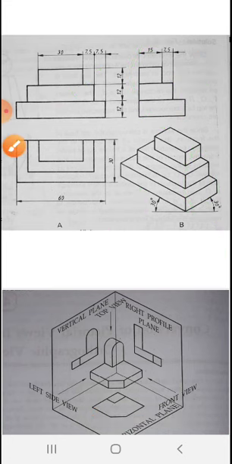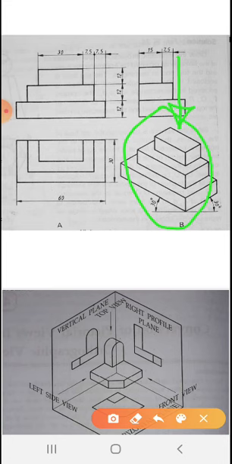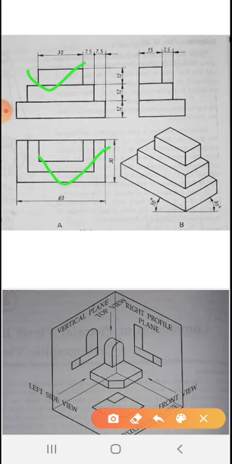Similarly, if the object has to be seen from the top, all the upper parts of the object are visible like this. So this is the top view. With the help of this pictorial view, we can draw the orthographic views like this, either front view, top view, or side views. Side views may be a right view or a left view.